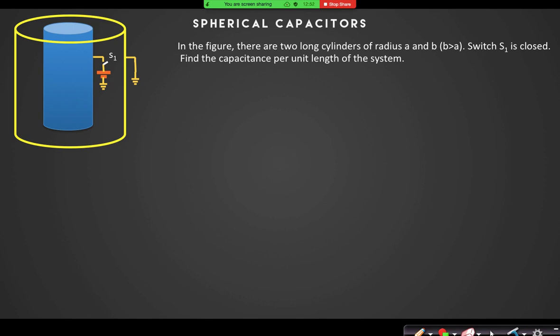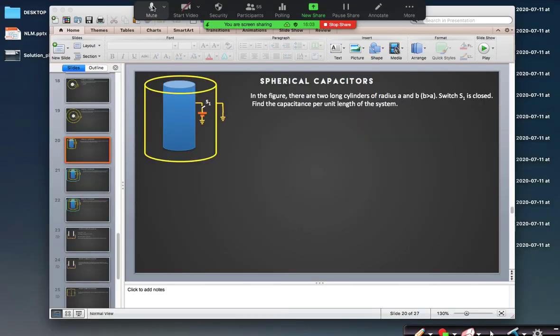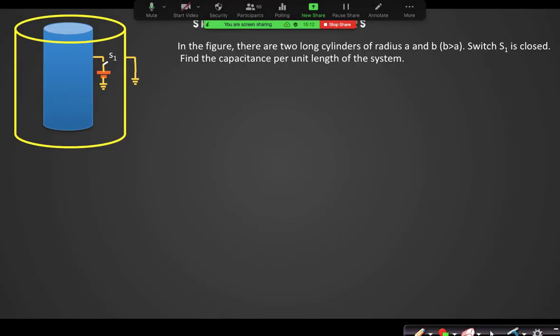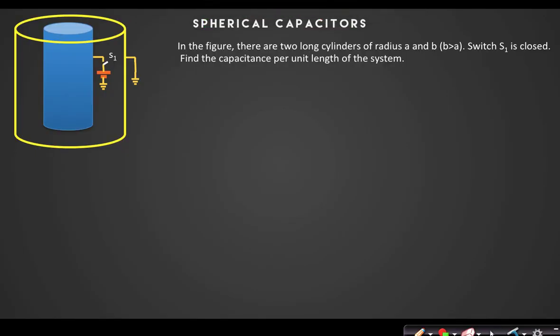Now switch S1 is always closed. Find the capacitance per unit length of the system. The outer side is also earth. Let us assume that as I have connected that switch S1, this battery sends a charge.